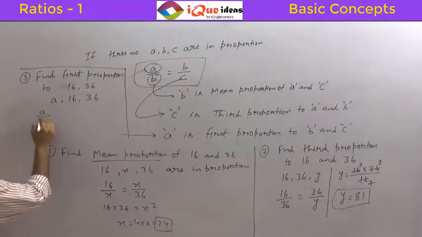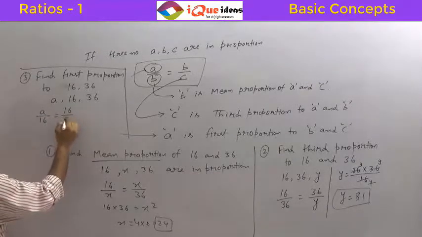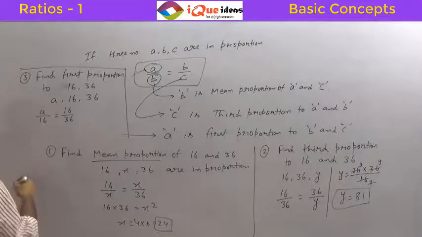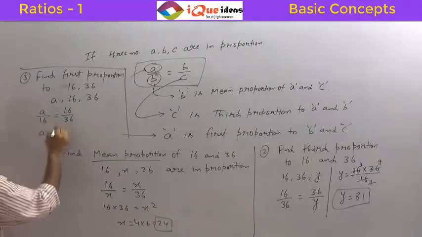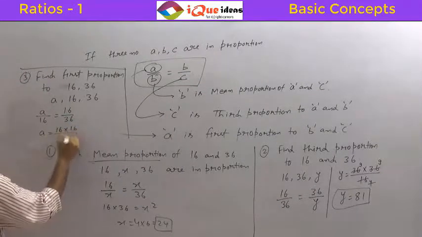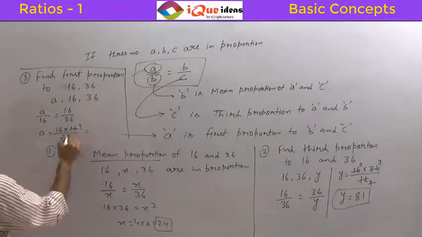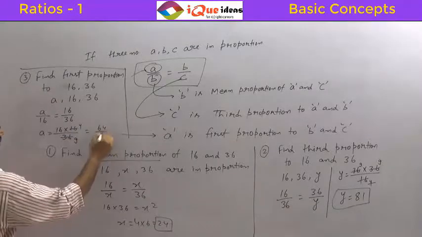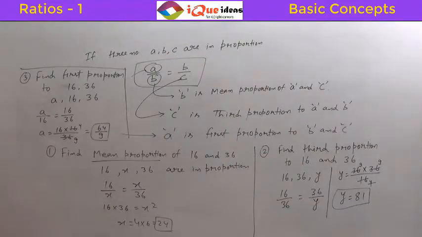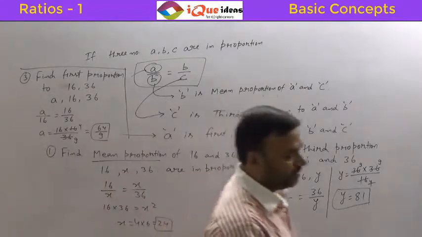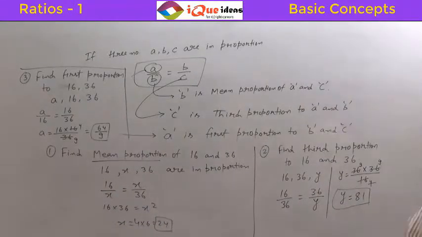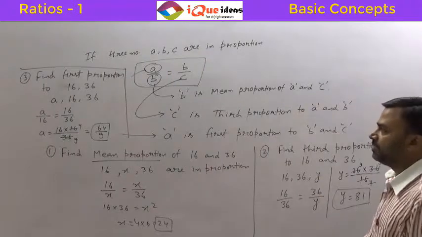So we say A upon 16 is equal to 16 upon 36. Right? So from here we get A is equal to 16 into 16 by 36. If there is any cancellation possible, do it. So it is 64 by 9. So A's value is 64 by 9. If at all, this is the question. So please understand that all these three questions are different. Even though the numbers are same, you can see that all these questions are absolutely different.